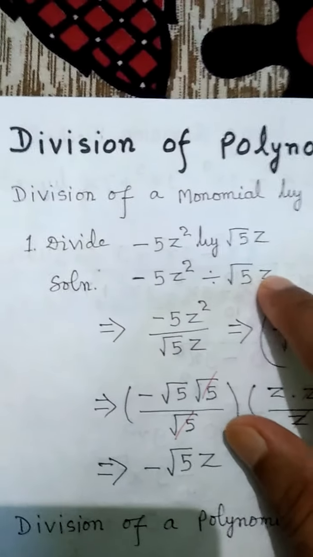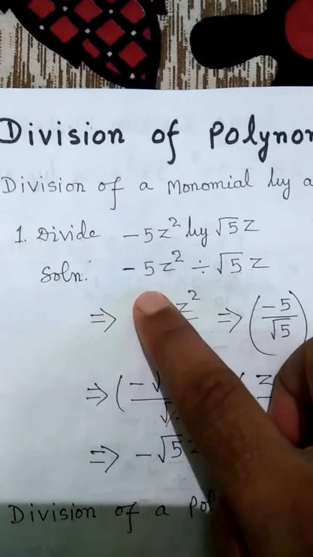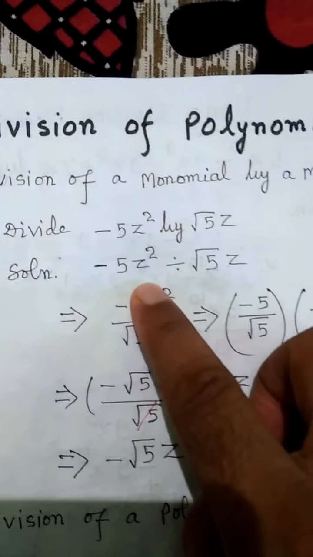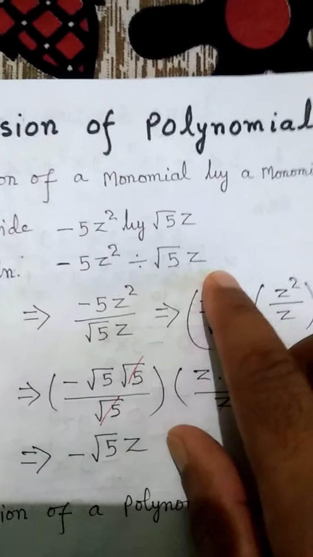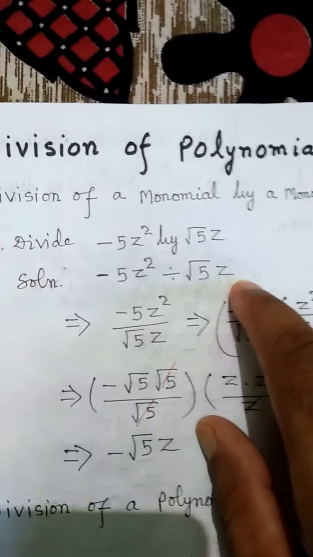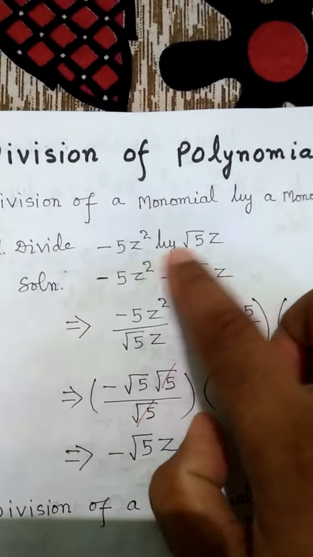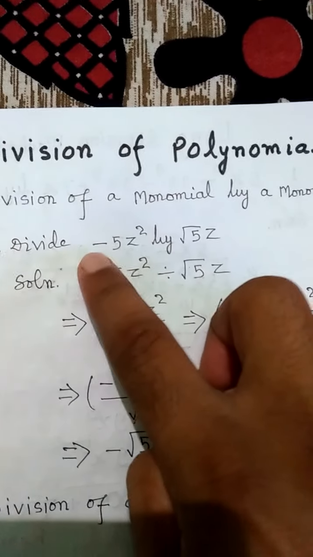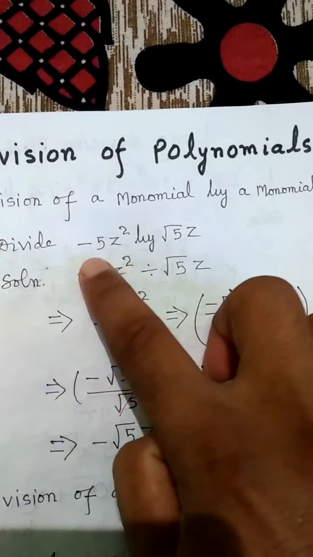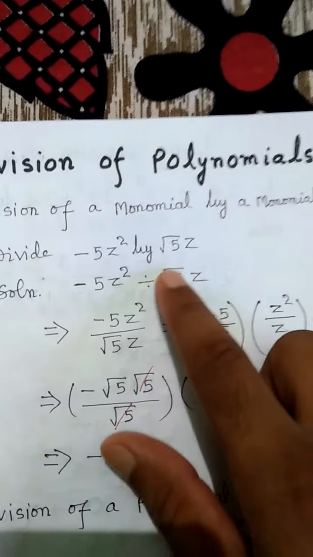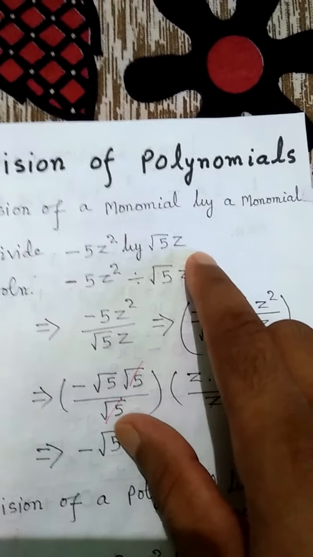We can write it like this: minus 5z square divided by root 5z. This one is the given question. We have to solve it. We have to divide minus 5z square by root 5z.